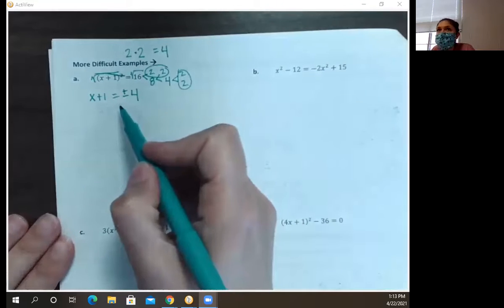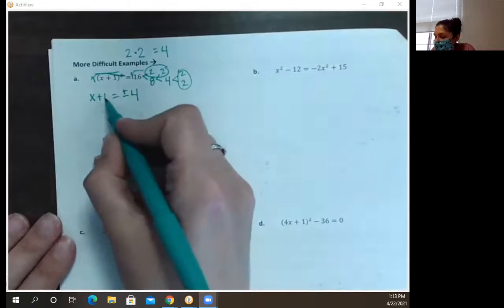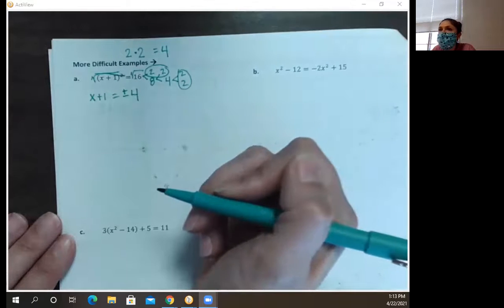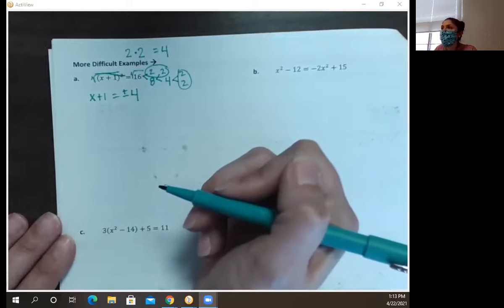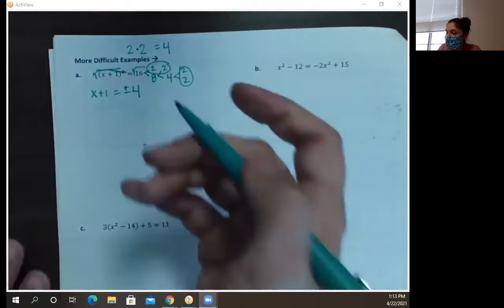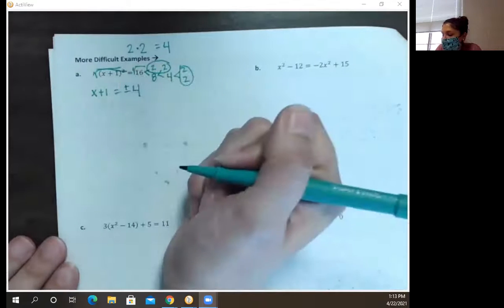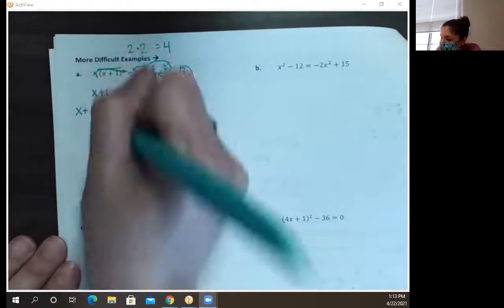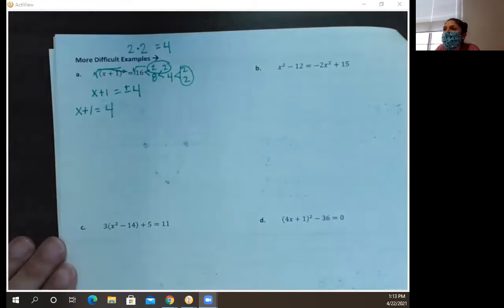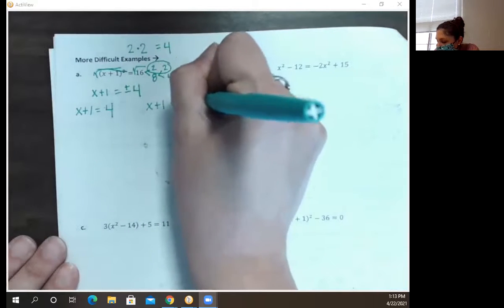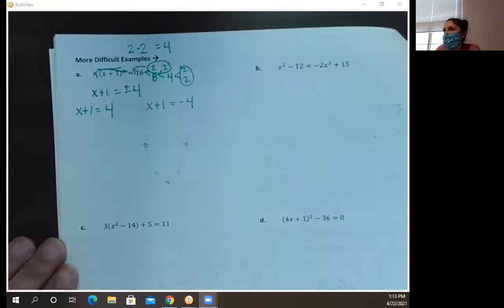So if we take a look at example A here, I know that x plus 1 could give me positive 4, or it could give me negative 4. My x would have to be different values to get me such different numbers. So what we're going to have to do for a problem like this is actually split this up and say, well, if x plus 1 gives me positive 4, what would x have to be? And if x plus 1 gives me negative 4, what would x have to be?